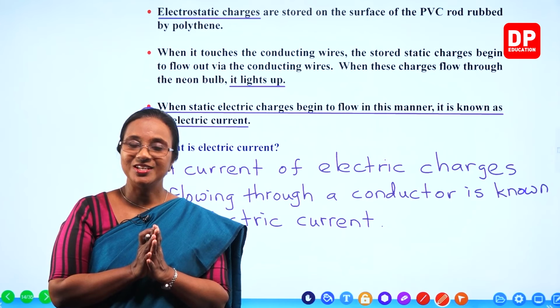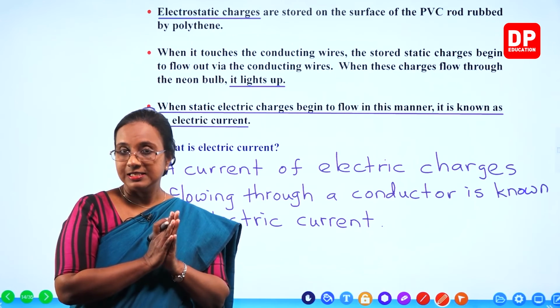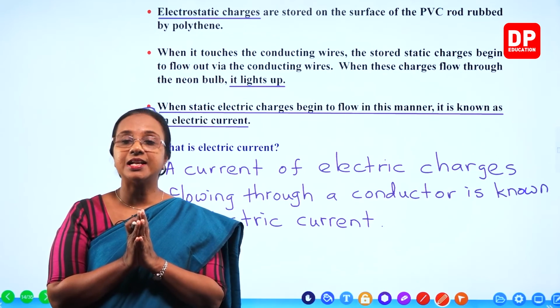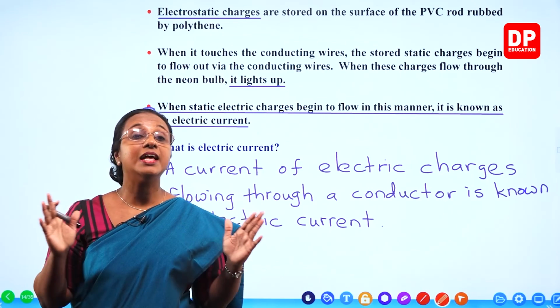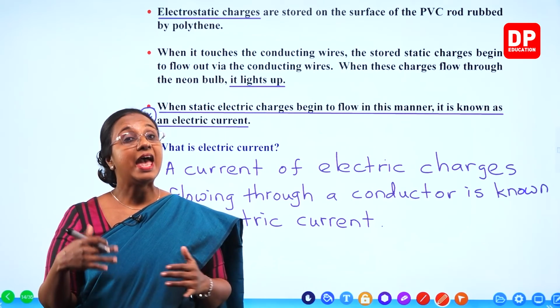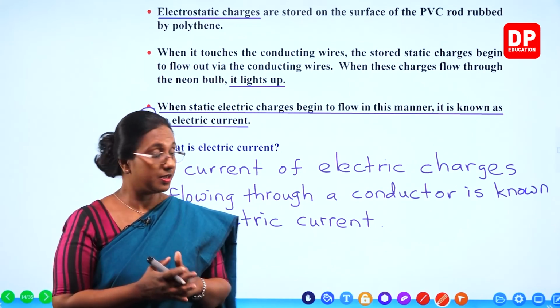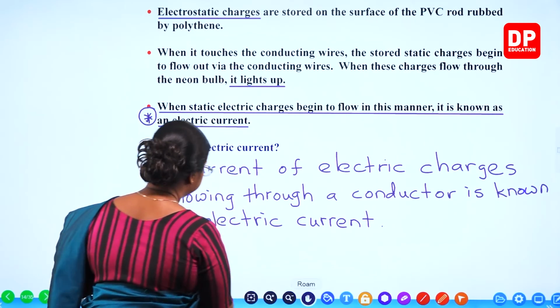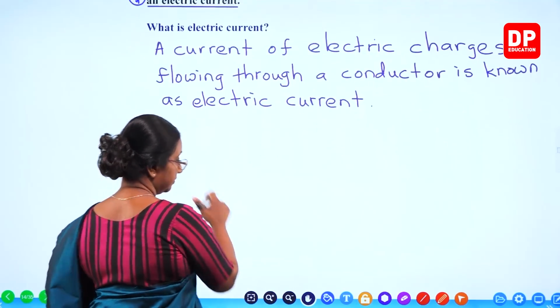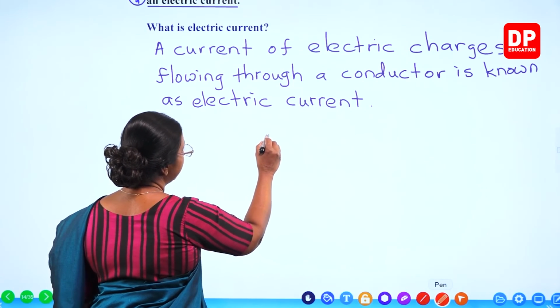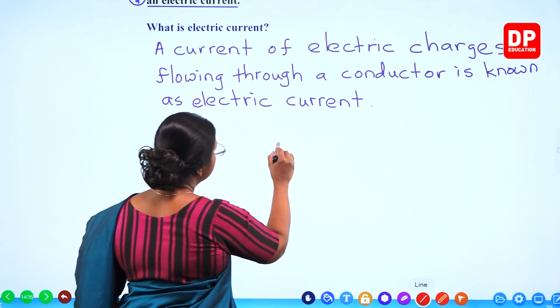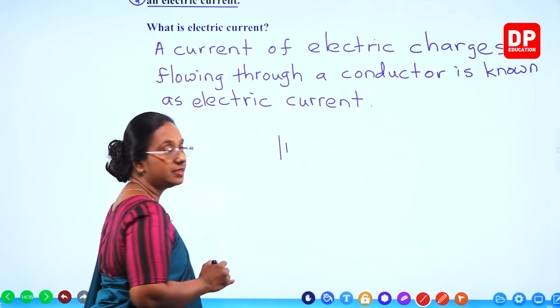So I'm sure students, now you all understand what static electricity and current electricity are. And also you all are familiar with electrical circuits and the circuit symbols. For example, if you take a battery, now you all know the symbol for a battery. This is the symbol.